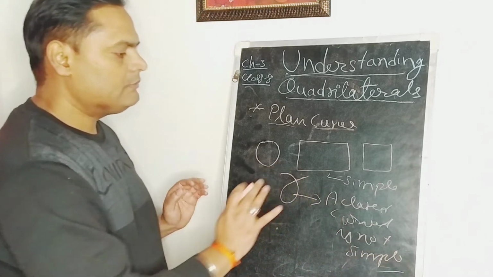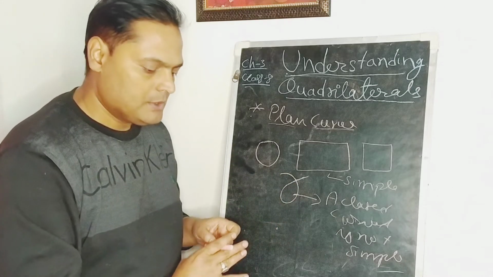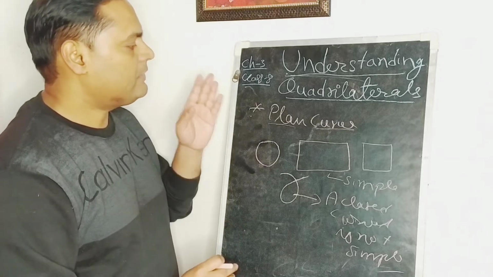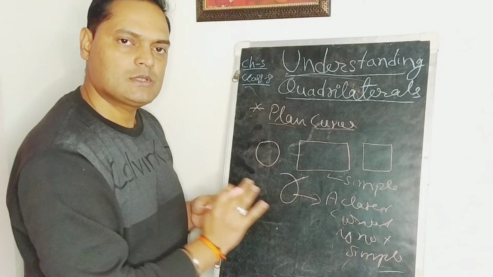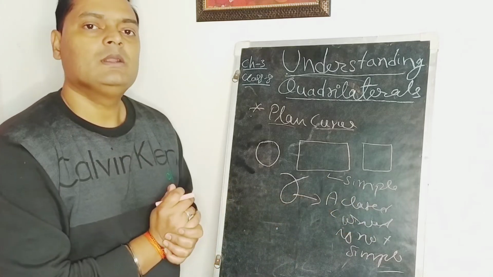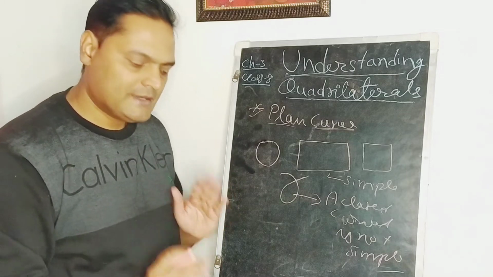It is a closed curve, but it is not simple while making this diagram. Thus we are able to find out what plane curves are, and what simple closed curves and non-simple closed curves are. So we have completed one topic from the textbook.